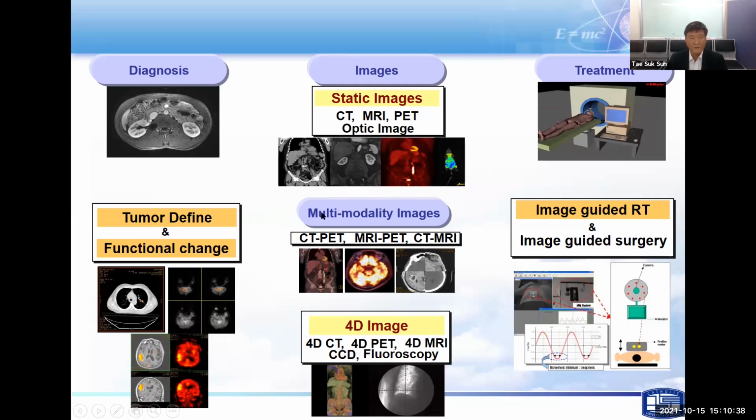Recently, multi-modality imagery has been utilized in the medical area to define tumors and functional change more accurately using PET-CT or PET-MRI. And 4D images have also been applied to localize moving targets accurately, especially in radiation therapy. So in this presentation, I will focus on the application of multi-modality images and 4D imaging in radiation therapy.